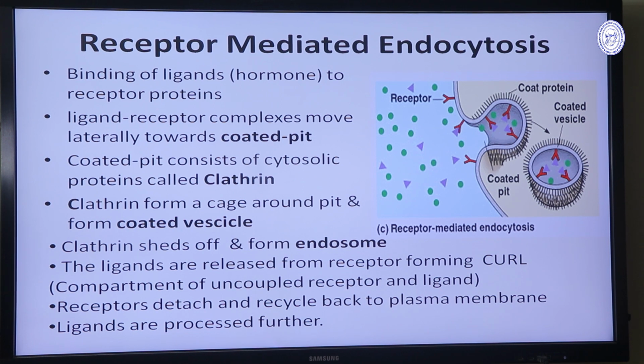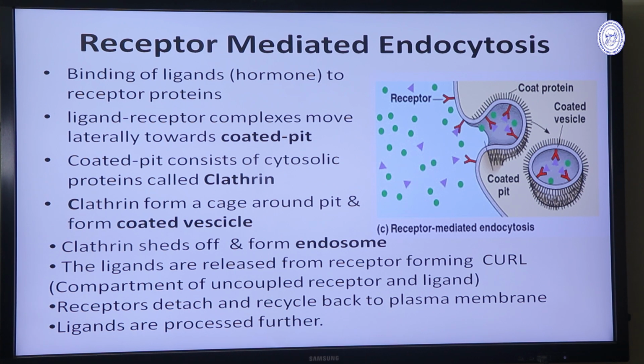Then this ligand receptor complex moves laterally towards a coated pit. We know that protein molecules and lipid molecules can move freely, that is why it is called the fluid mosaic system. It can move laterally to a coated pit.